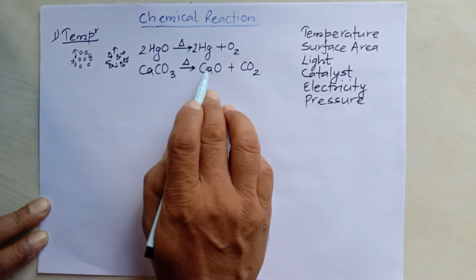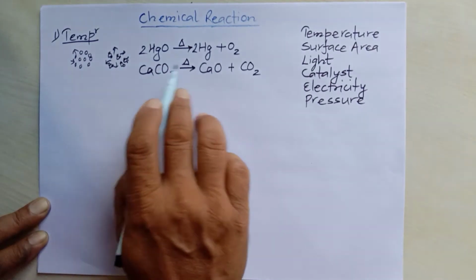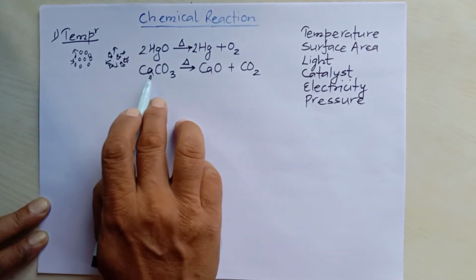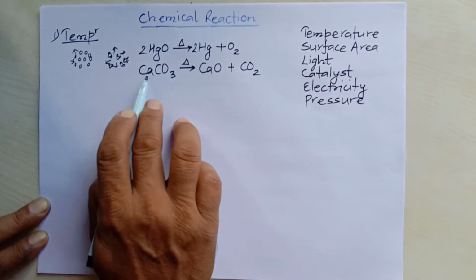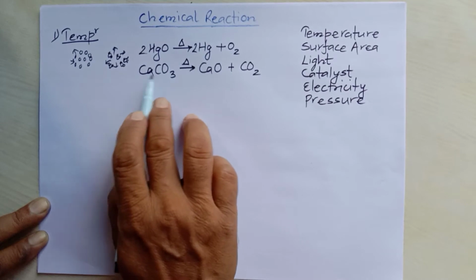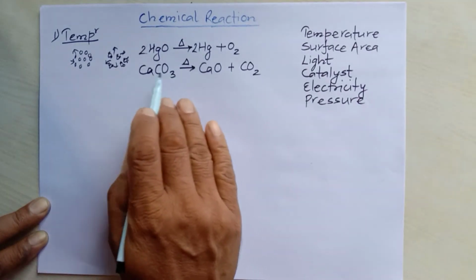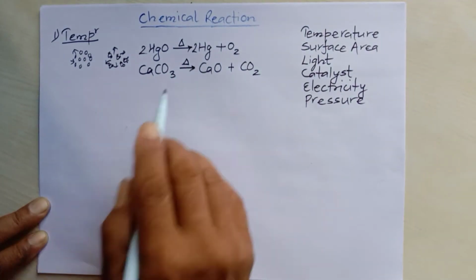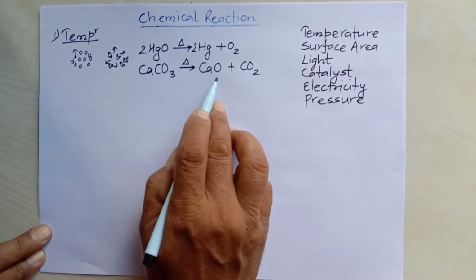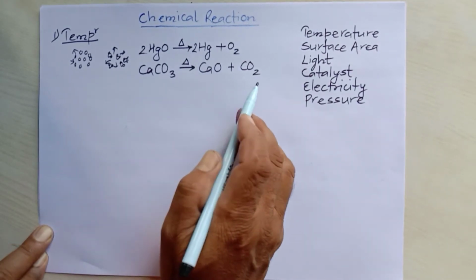In this case also, this reaction is brought about because of the heat or high temperature. When heated at very high temperature, it breaks down because of the increased rate of vibration, number of collisions increases within their molecules, and it breaks down into calcium oxide and carbon dioxide.